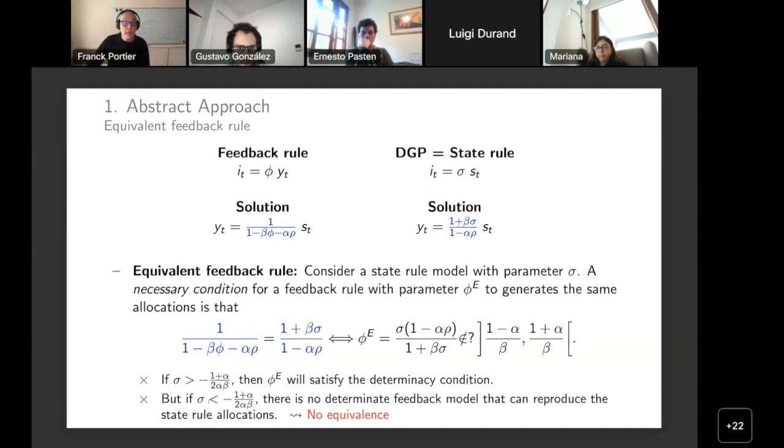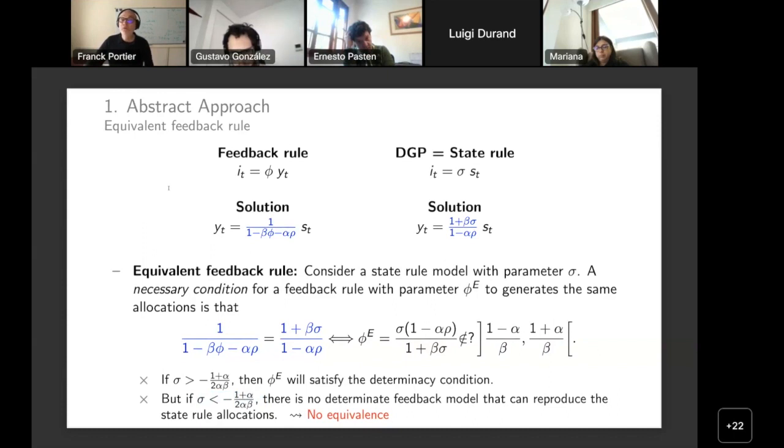But if sigma is in that other region, which you can compute but has no particular interest, then there are no determinate feedback models that can reproduce the stateful allocations. So there's no equivalence. If the truth is a sigma satisfying this condition, then those allocations cannot be replicated by a feedback rule.